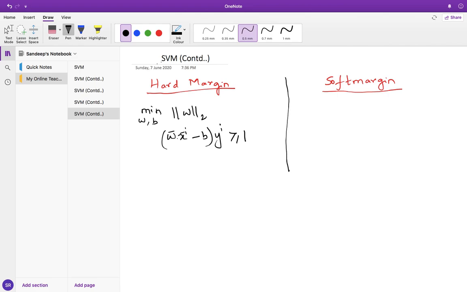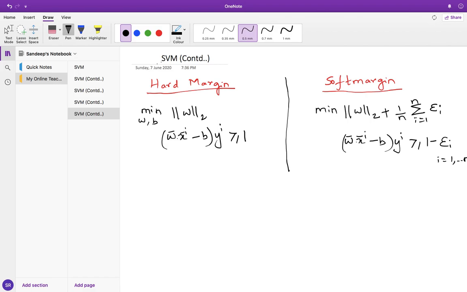For soft margin, the problem is: minimize norm of w plus 1 by n sigma i equals 1 to n epsilon i, with the condition that (w xi minus b) into yi is greater than or equal to 1 minus epsilon i, where i ranges from 1 to n.